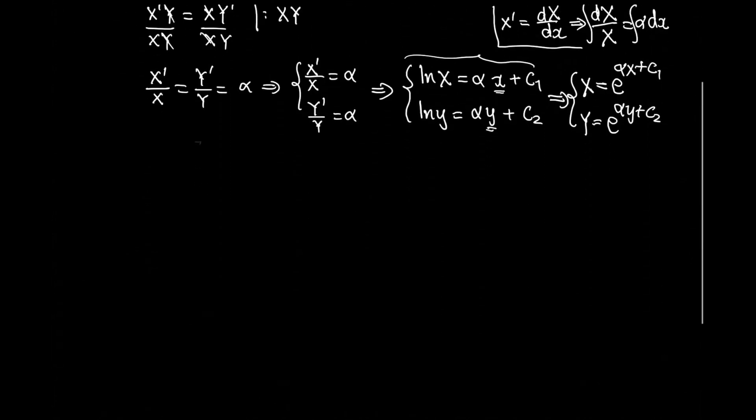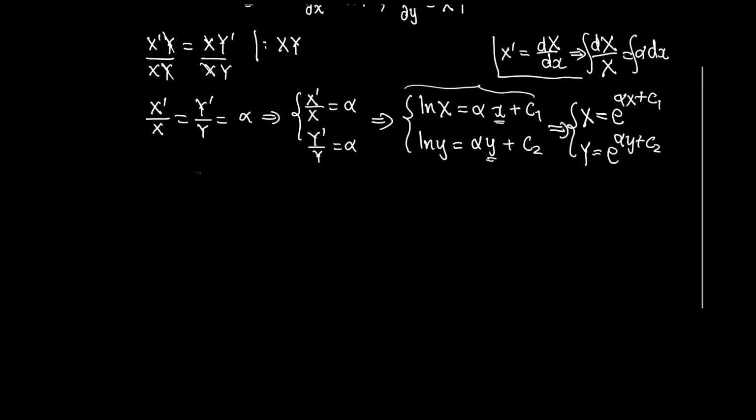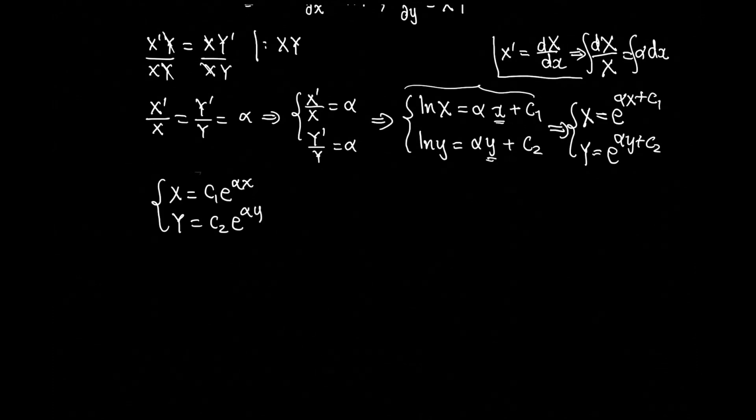Okay, now you have X equal to some constant times e to the alpha x, and Y equal to another constant times e to the alpha y.